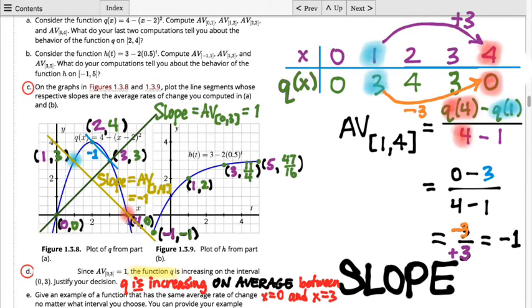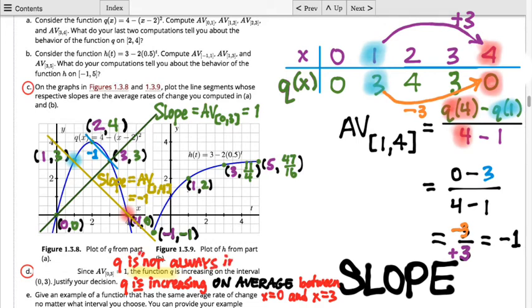But if I look at everything else that happens in between, I see that there is an interval of x values, right, from 2 to 3, where in fact q is not increasing on that interval. So what we can say there, I suppose, is q is not always increasing. Maybe it's kind of a way to frame that.